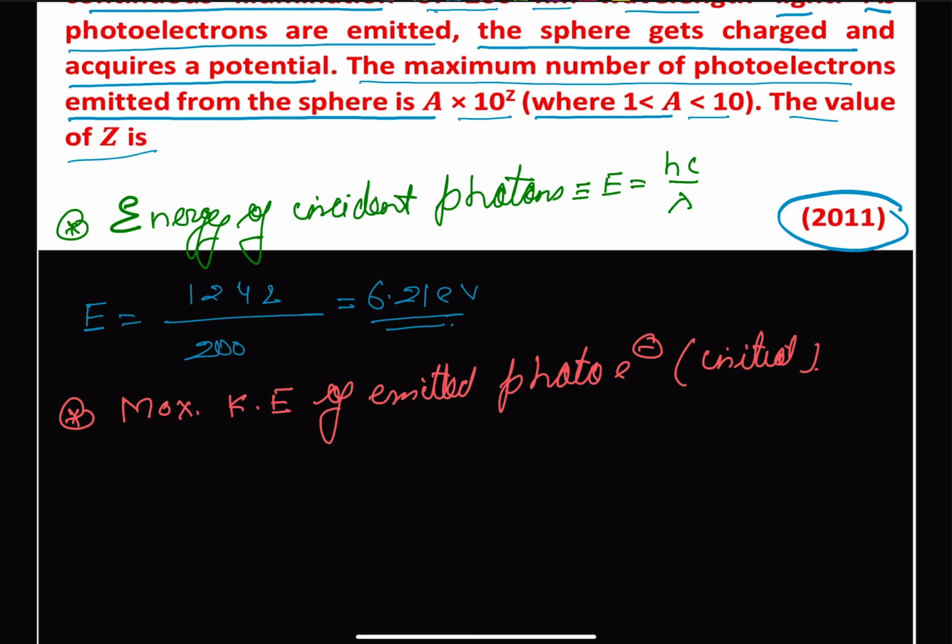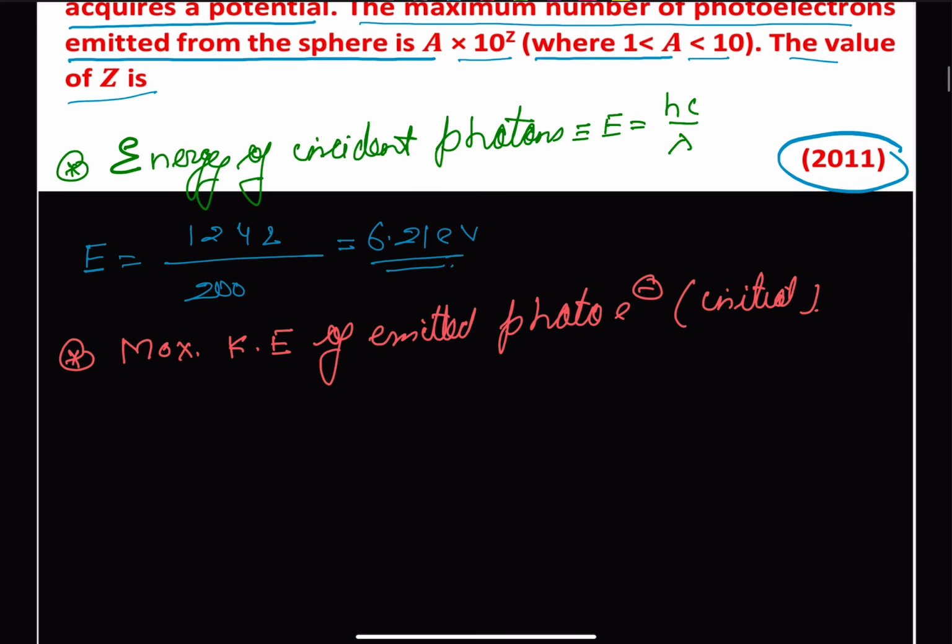And for that, we can say the kinetic energy maximum will be equal to energy of the photon, that is our E, minus the work function phi, and this comes as 6.2 minus 4.7. This gives us 1.51 electron volt.